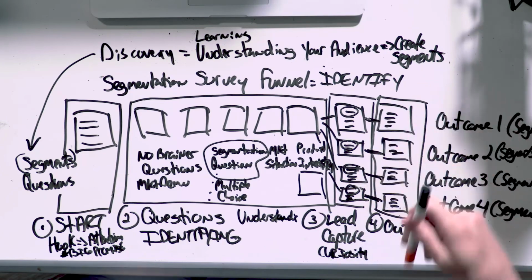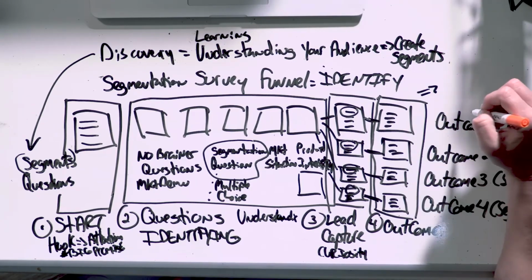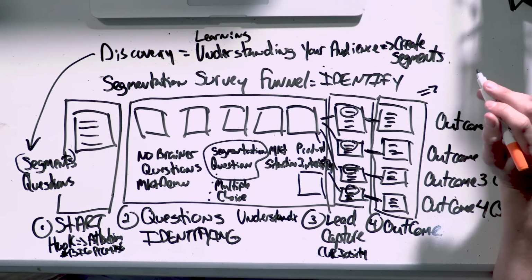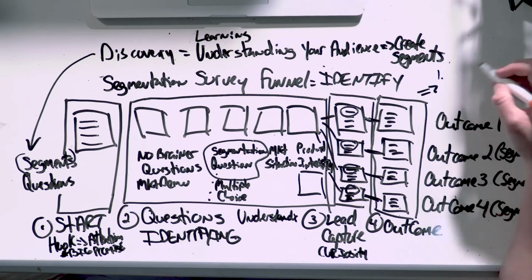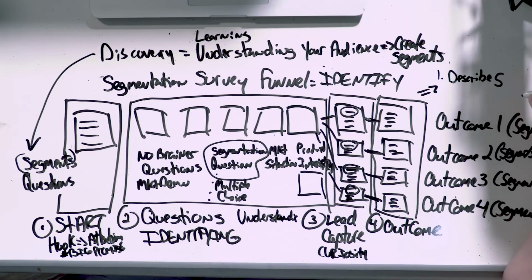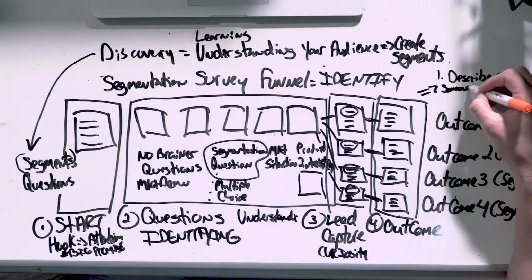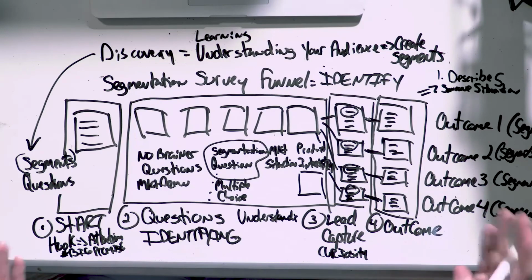So at the end of the day, the biggest part here is, if you remember earlier what I was describing to you, the goal of your segmentation survey funnel is, number one, you want to be able to describe someone's situation better than they can do it themselves.